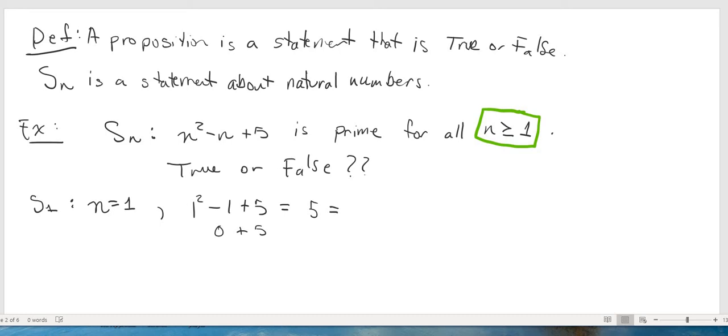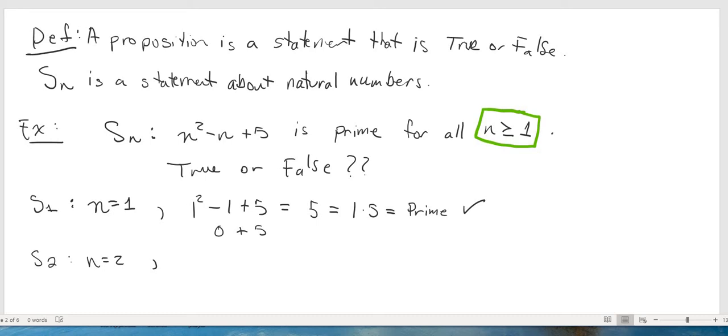Yes, it is. If you remember, prime numbers are numbers whose only factors are 1 and itself. So you cannot factor this number with other numbers. The only numbers that factor into 5 are 1 times 5, 1 and itself. So guess what? This guy is prime. So far so good. It worked. And then if I say S2, that means plug in a 2.